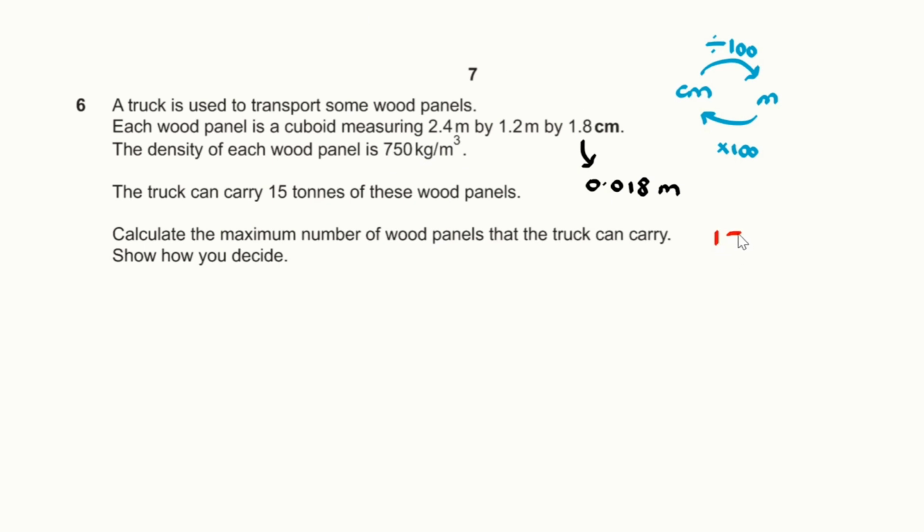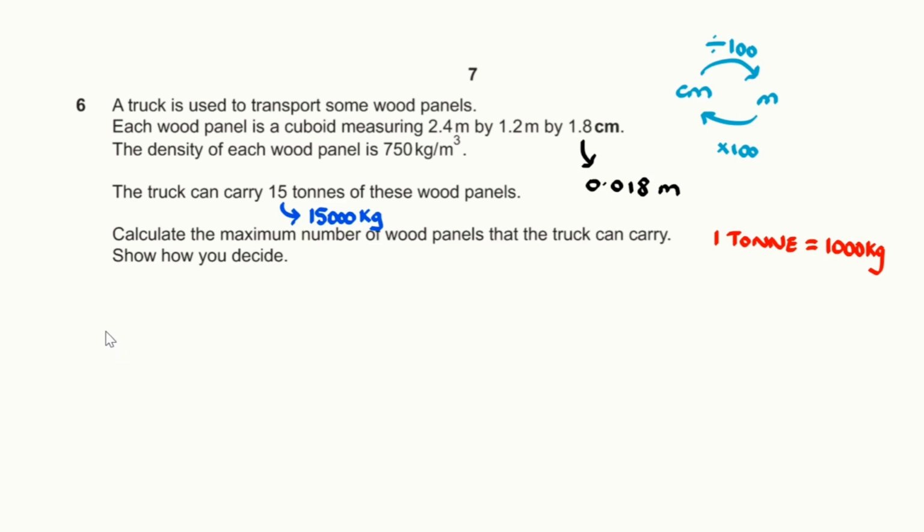We know in 1 ton there are 1000 kilograms, and so therefore for 15 tons we've got 15,000 kilograms.